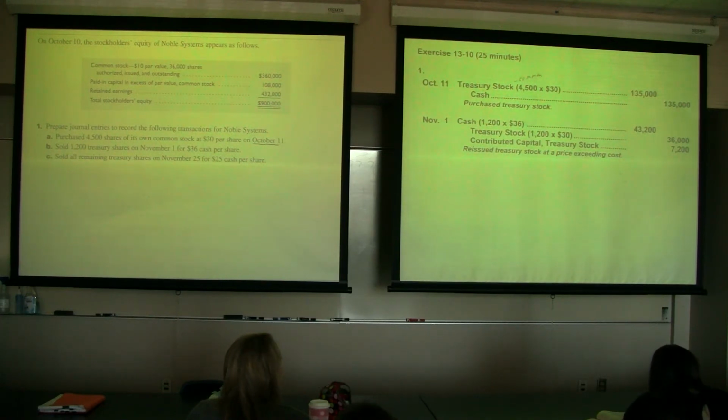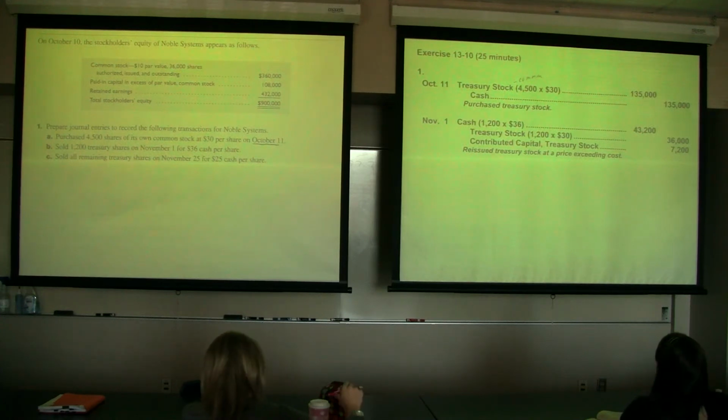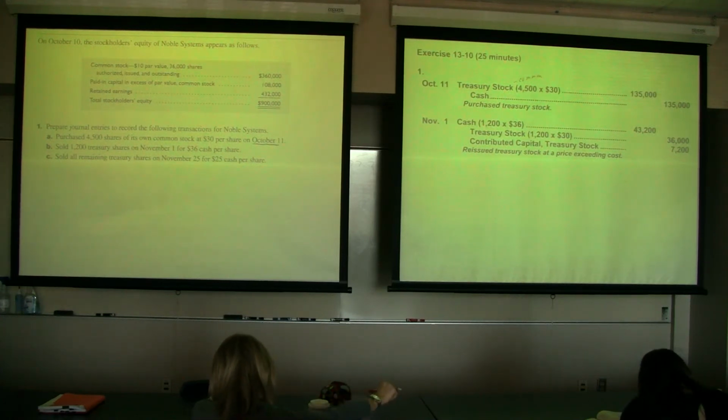And then you sell at a loss. And so it'll come out of contributed capital. If this is exhausted, the additional will come out of retained earnings.